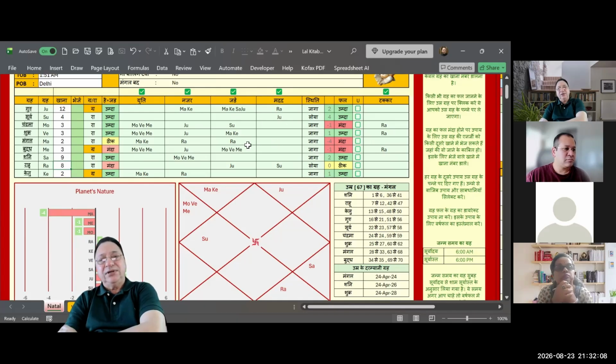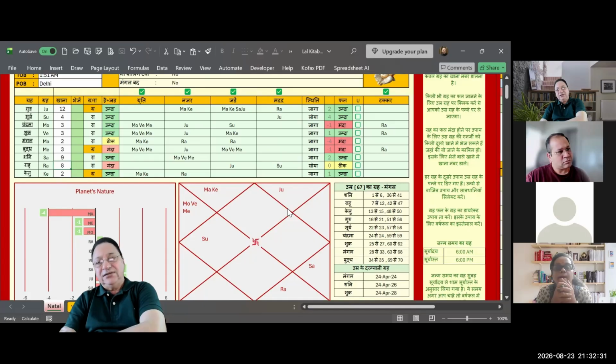Again, there is a concept in Lal Kitab which is called the roots or the jade. Every planet has its houses. For example, Guru, Jupiter, is the lord of the 9th and 12th house. 2nd and 5th house are its karaka houses. Those are called its roots.